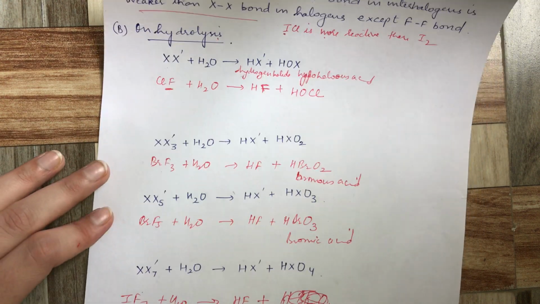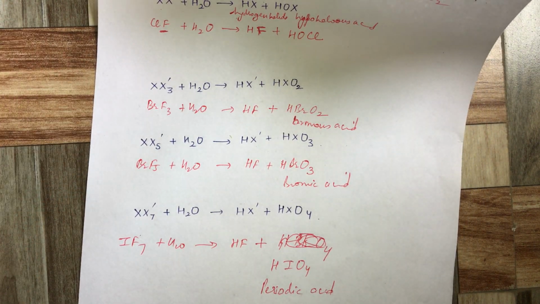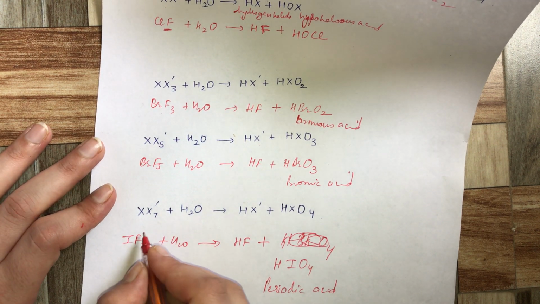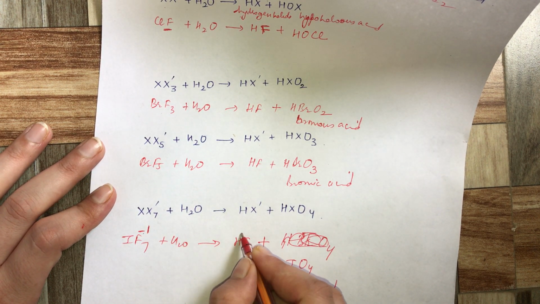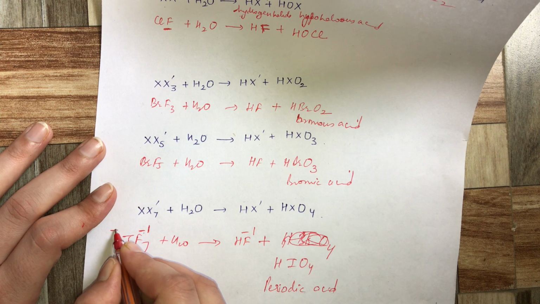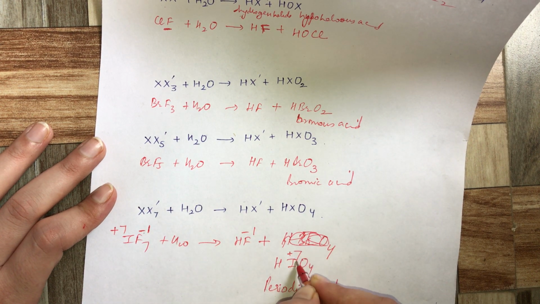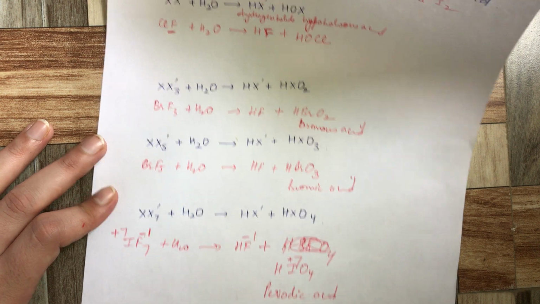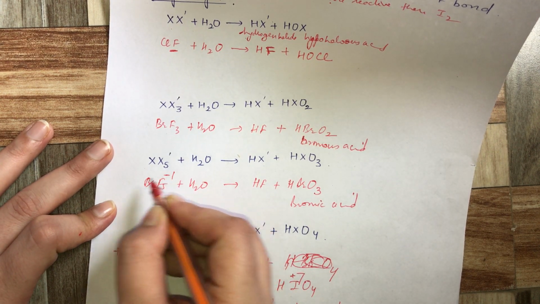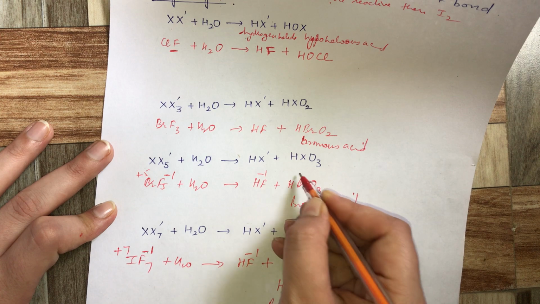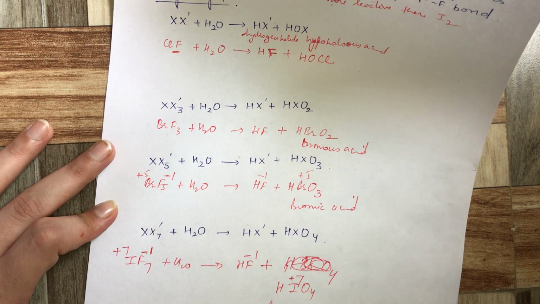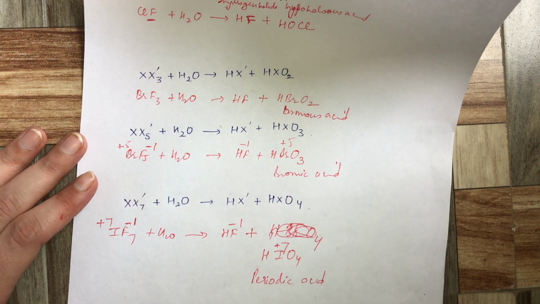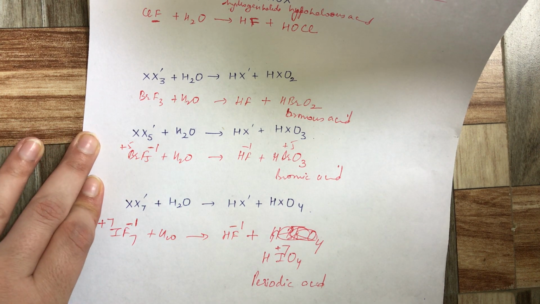Clear? So their oxidation states have to remain the same. Here F was -1, here also it is -1. Here iodine is +7, here also it is +7. So the oxidation state has to remain the same. Similarly, here F was -1 and the other halogen +5, and here also -1 and +5. So this is how the hydrolysis of interhalogen compounds takes place.